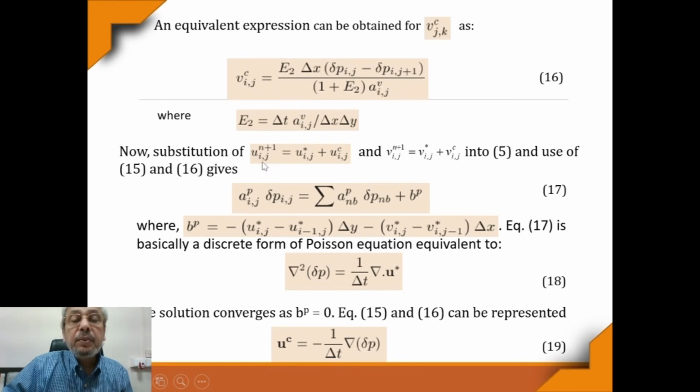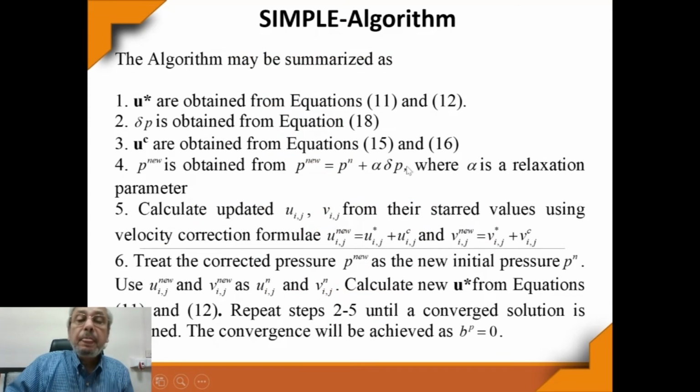Then they will update the velocity quantities, and P new is obtained as Pn plus alpha into delta P, where alpha is the relaxation parameter. Usually this is under-relaxed. We'll have this discussion later.